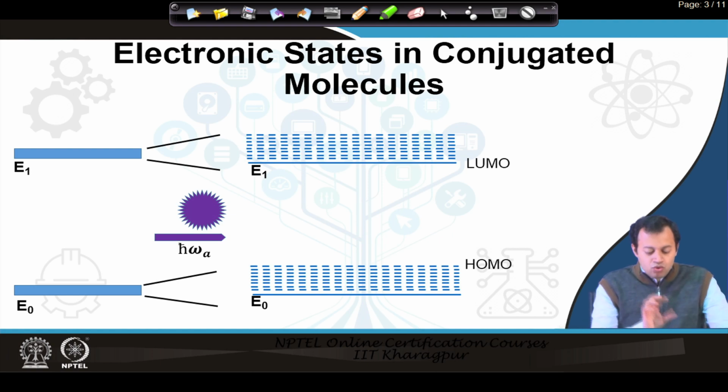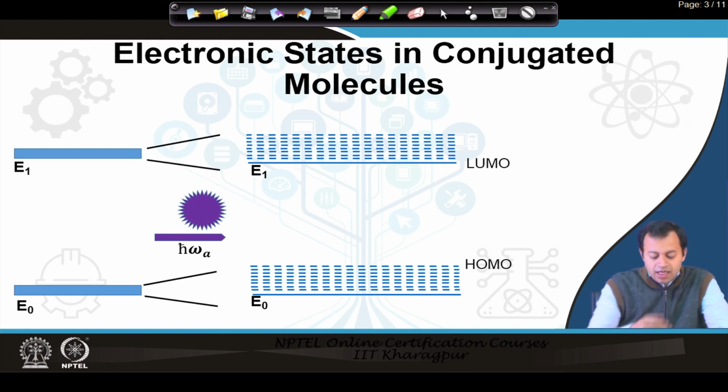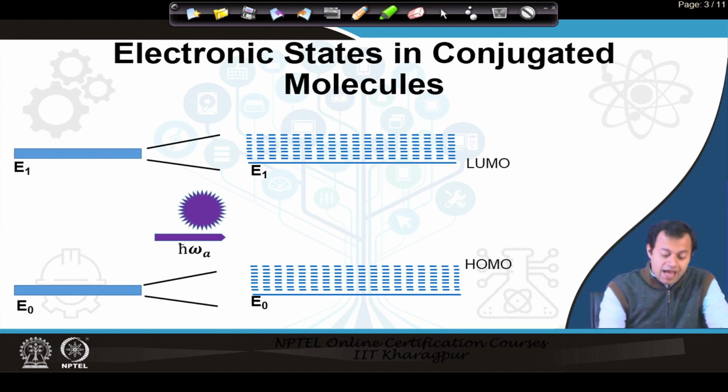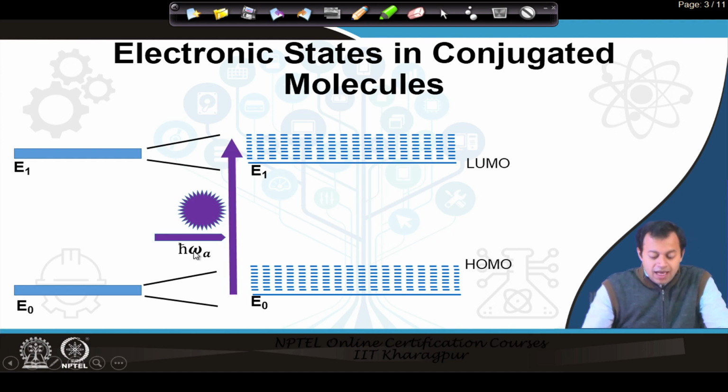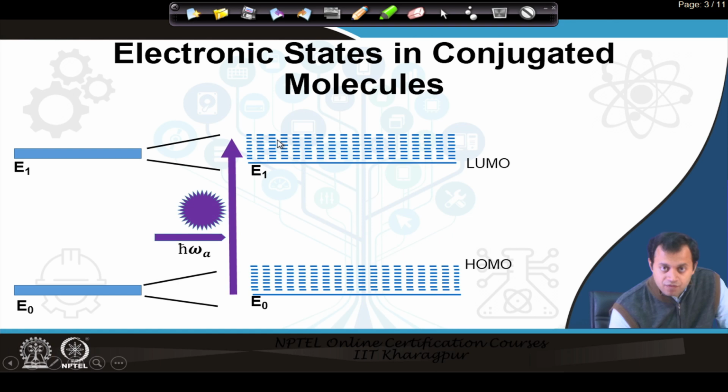So, usually when we supply some amount of external energy, here we are giving a particular frequency of light which matches with the absorption frequency. An electron can move from a specific level inside that E0, a specific room of the ground floor, to a specific room of the first floor.